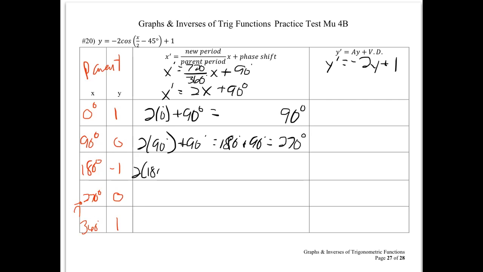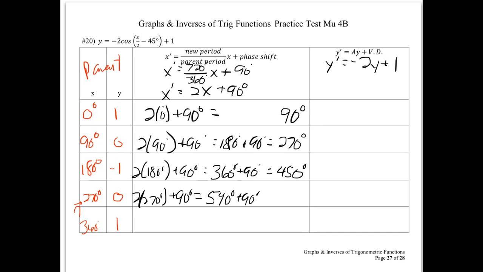Then I have 2 times 180 degrees plus 90 degrees, which is 360 plus 90, which is 450. Then we have 2 times 270 degrees plus 90, which is 540 plus 90, which is 630. And then 2 times 360 is 720, plus 90, which is 810.